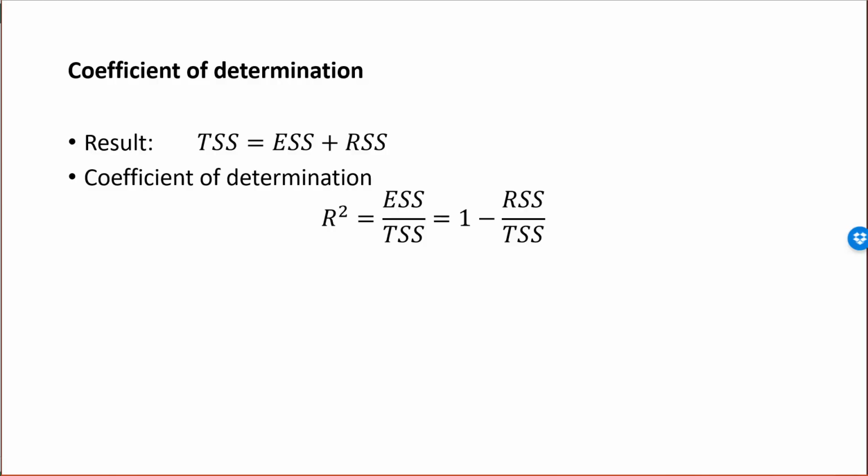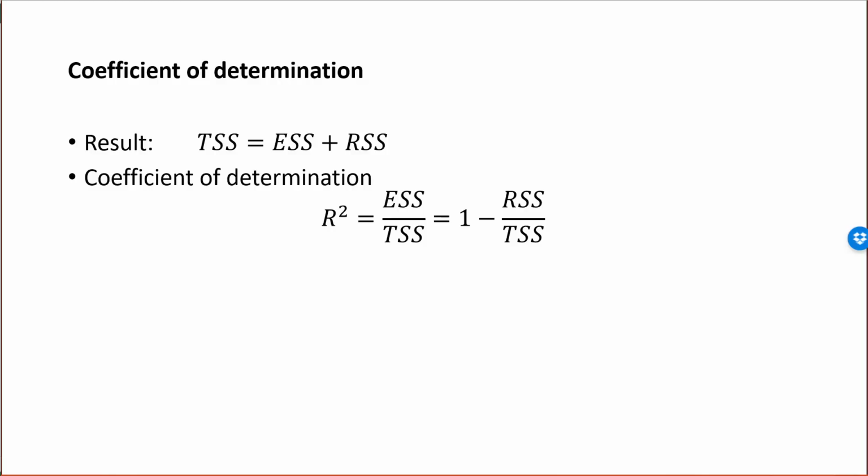Since ESS is TSS minus RSS, we can also write that as 1 minus RSS over TSS. And since RSS is the total variation that you cannot explain, this ratio RSS over TSS is the proportion that you cannot explain. So 1 minus that proportion is the proportion that you can explain.